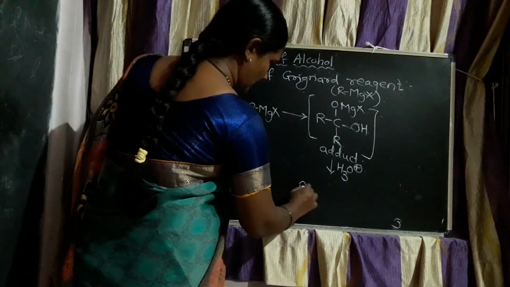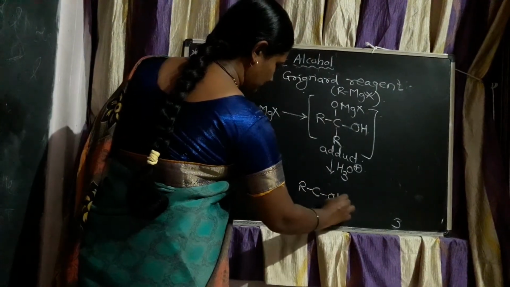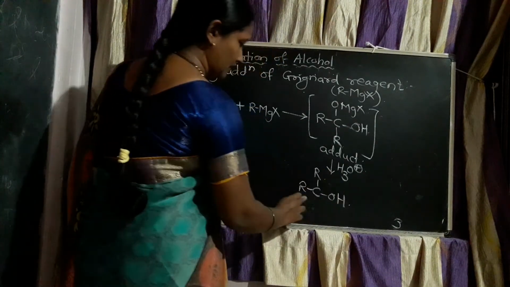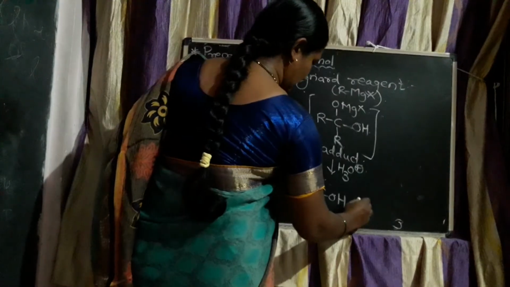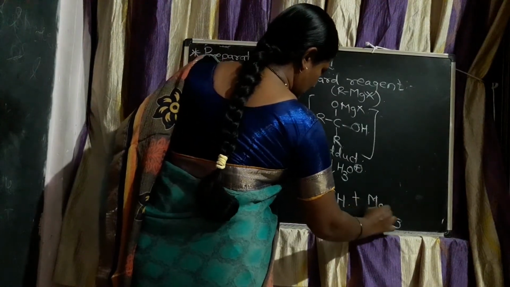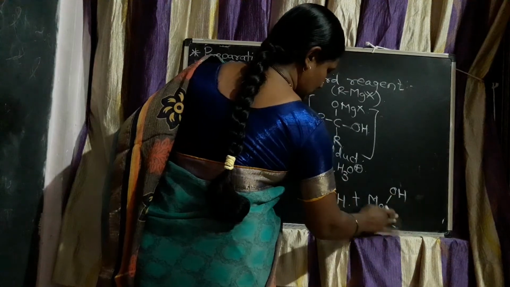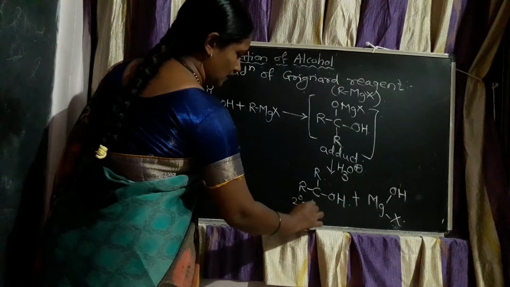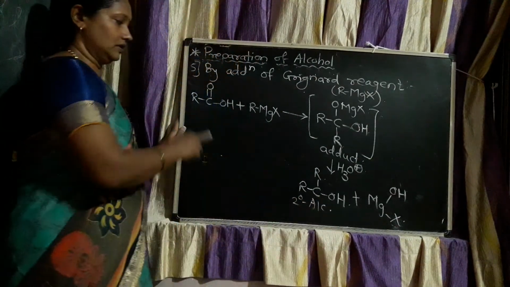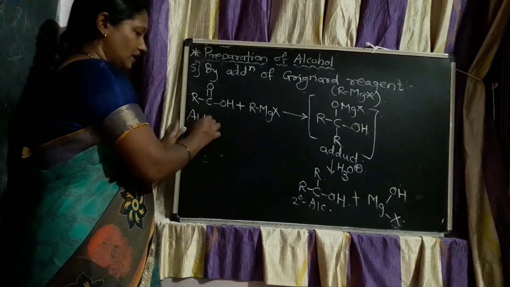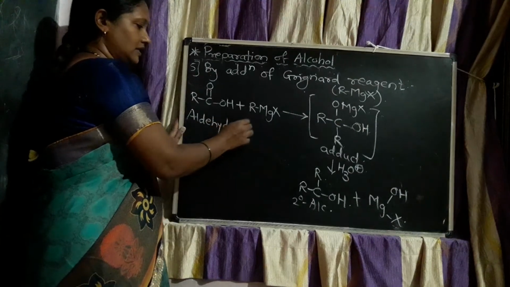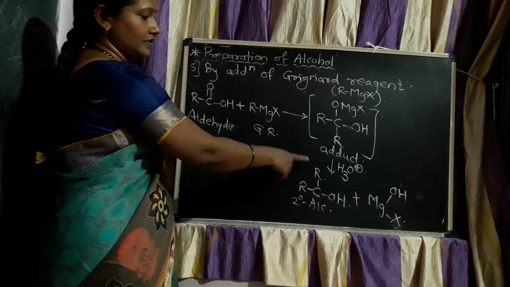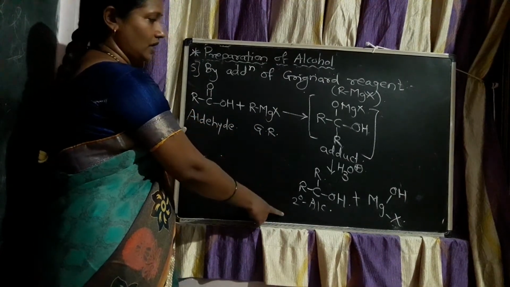Now it forms the secondary alcohol plus Mg(OH)X. This aldehyde on reaction with Grignard reagent first forms the addition product, which on acid hydrolysis forms the alcohol.